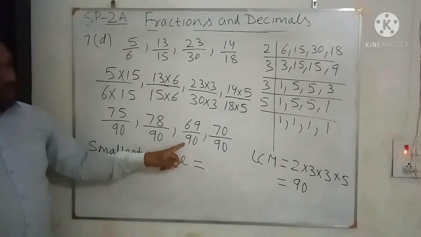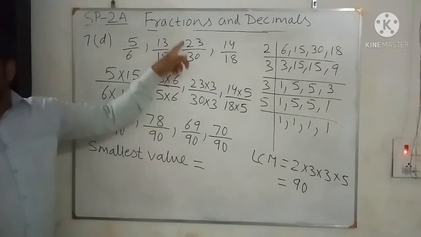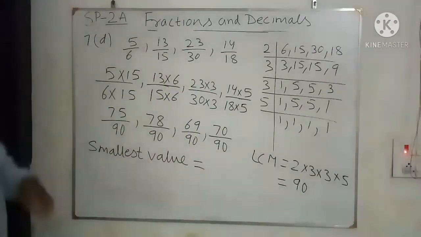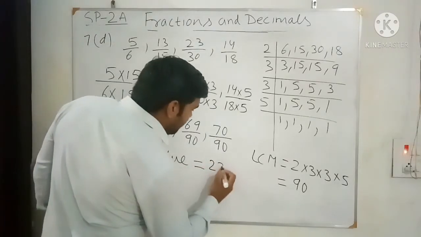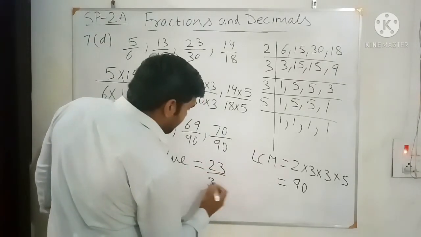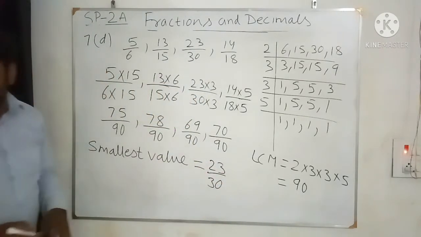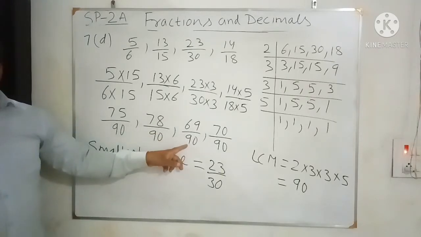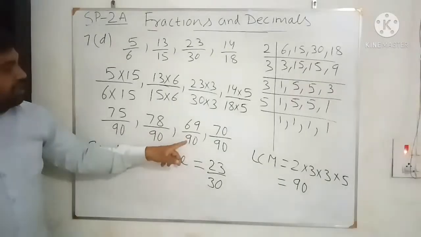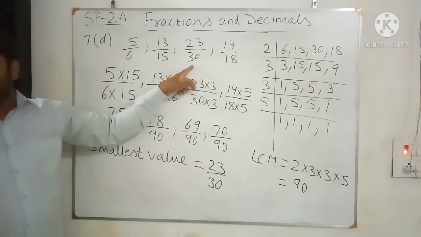And 69 by 90 is the equivalent fraction of 23 by 30. So the smallest value is 23 by 30.